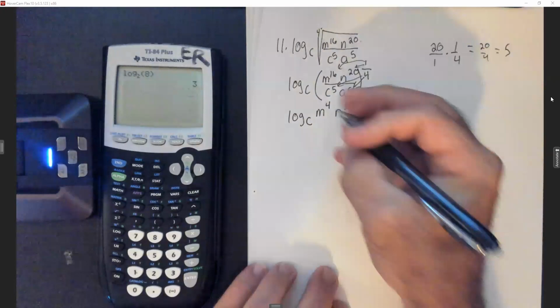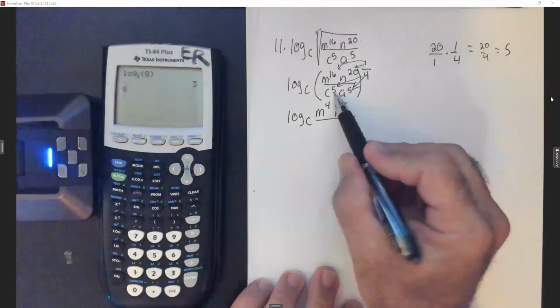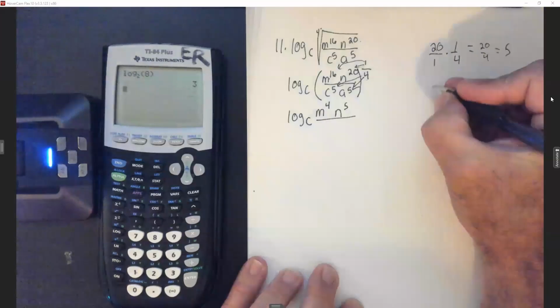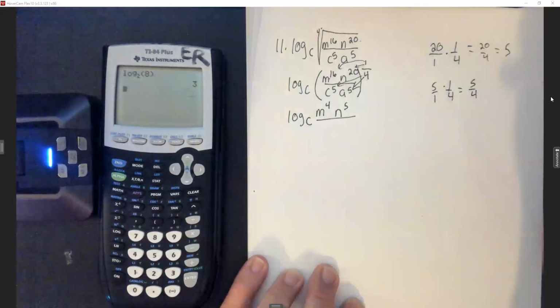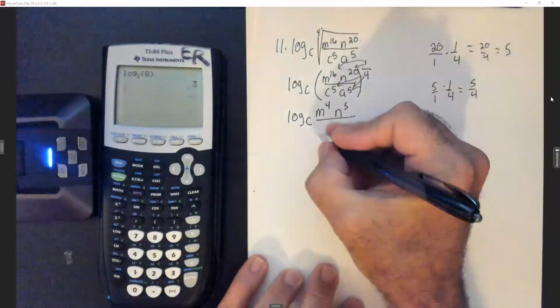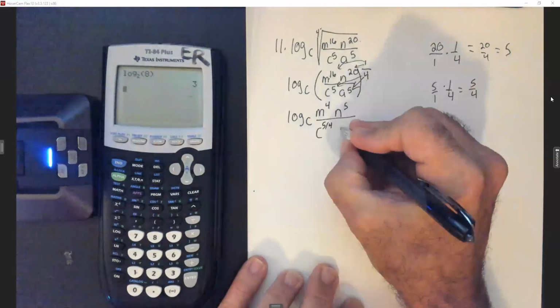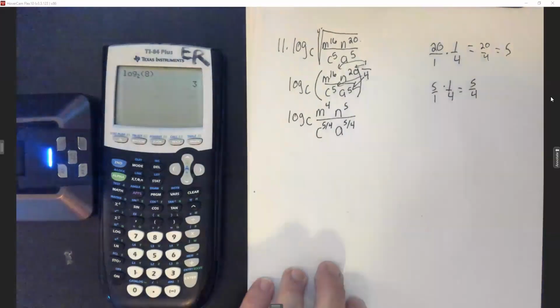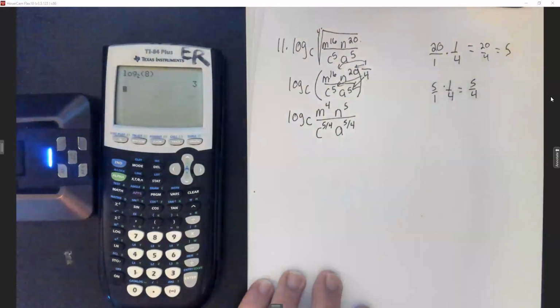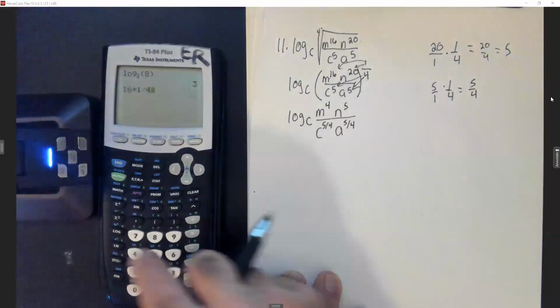Okay. On the bottom, 5 times 1/4 is just going to be 5/4. So that gives me C to the 5/4. And then the A, since it's got a 5 also, will be 5/4. And remember, all those can be done on here. 16 times 1 divided by 4 will give me the 4, and so on, okay?